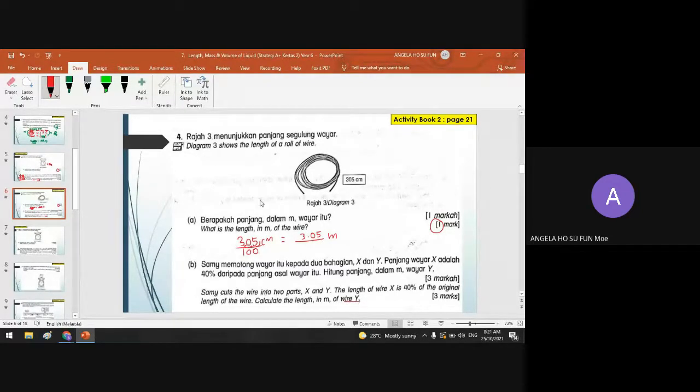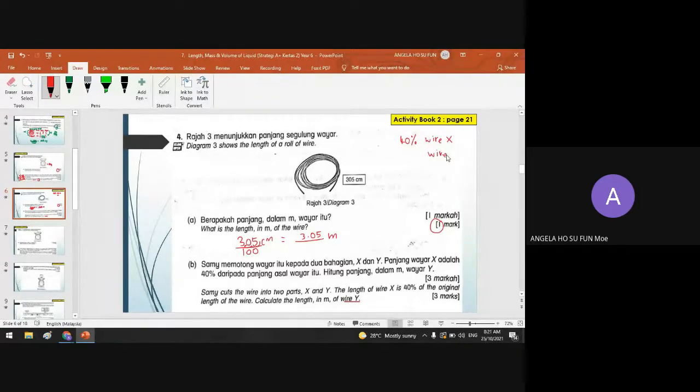Okay, now you look at here. We do it somewhere here. If they say 40% is the length of wire X, and I want to find the length of wire Y, it is not 40%. Altogether it will be 100%.